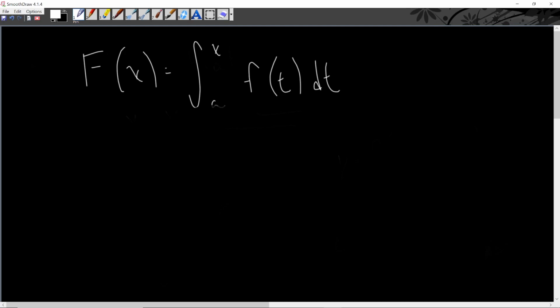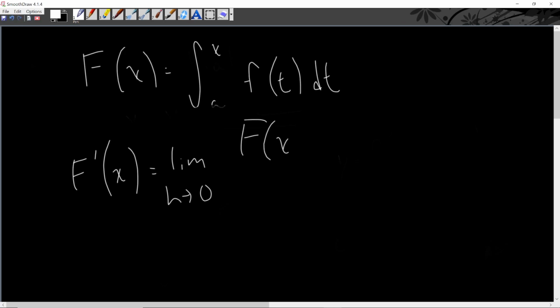If we were to take the derivative of this, we'd have F prime of x is equal to the limit as h approaches 0 of F of x plus h, using capital letters to keep our notation consistent, minus F of x, all over h.